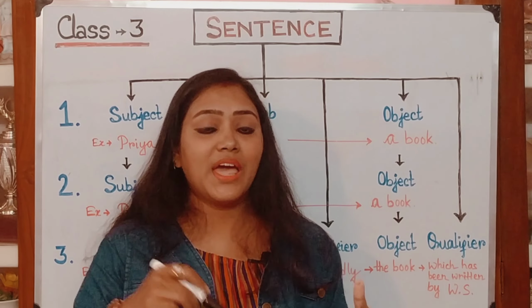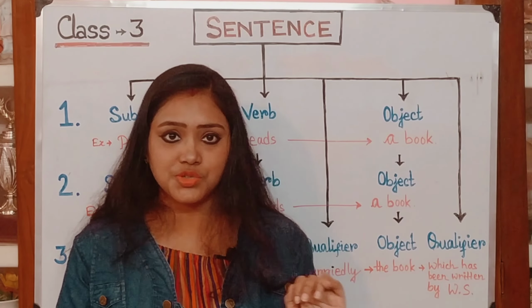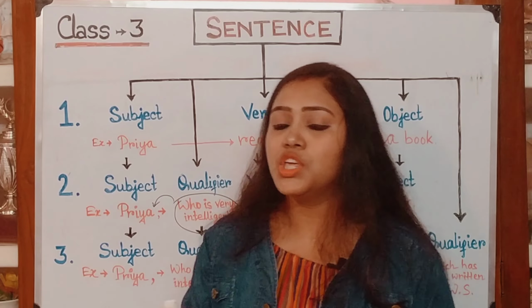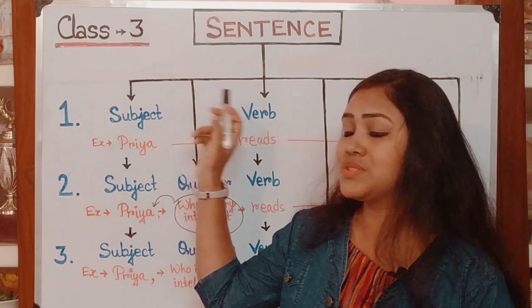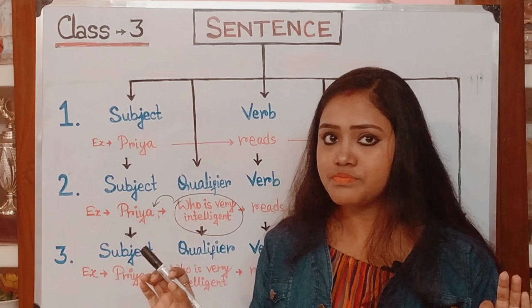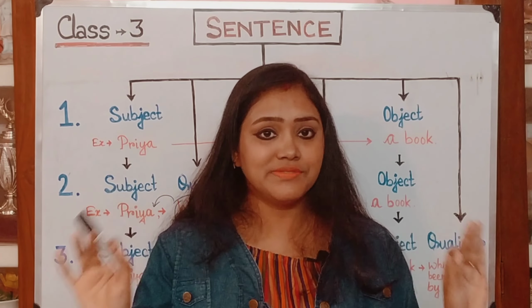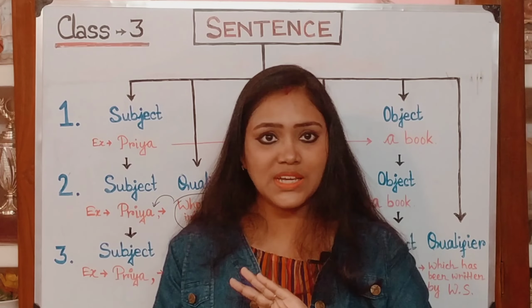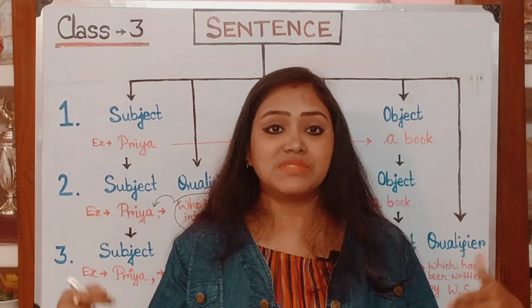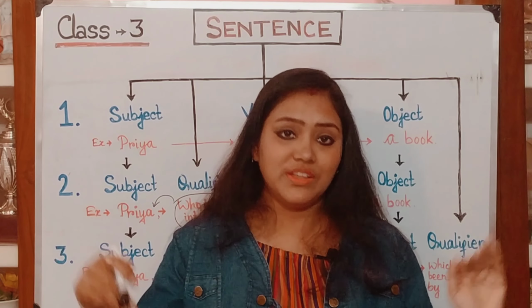It will be helpful for both my senior and junior students. So go through it. You will understand the parts of a sentence very clearly. I think a sentence is divided into subject, verb and object, and subdivided or sometimes qualified by qualifiers.